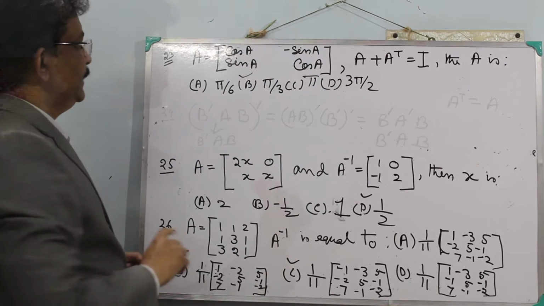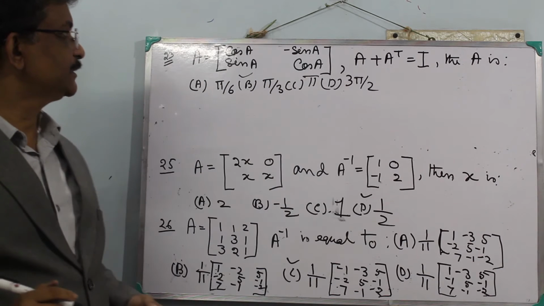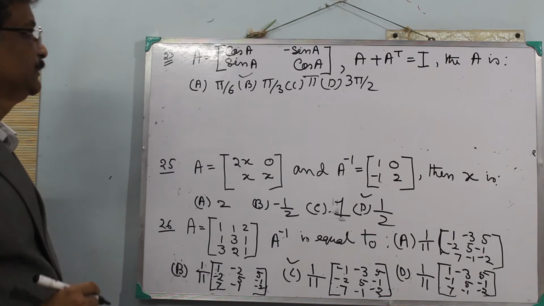So the correct answer is A is symmetric. Clear? Next: A equals the matrix cos a, minus sin a, sin a, cos a, and A plus A transpose equals the identity matrix. The correct answer is pi by 3.